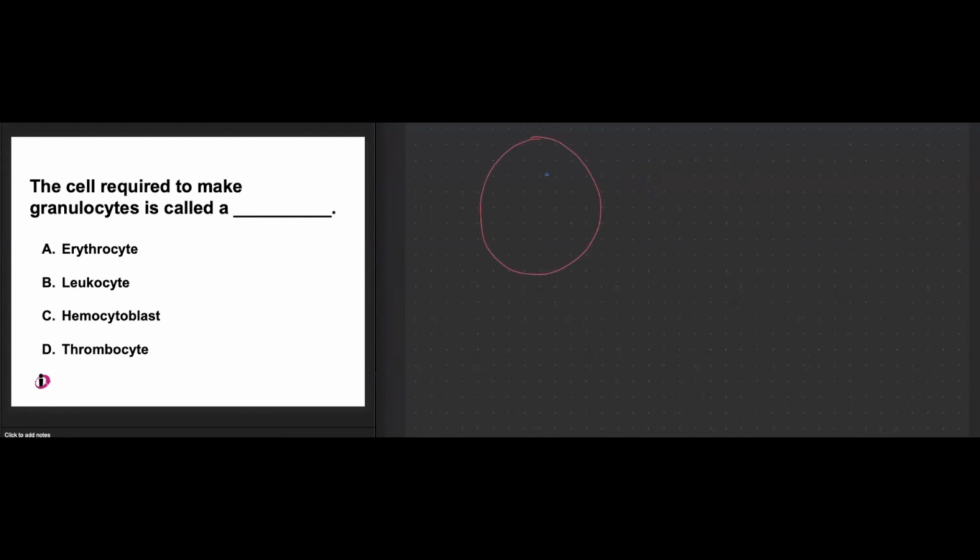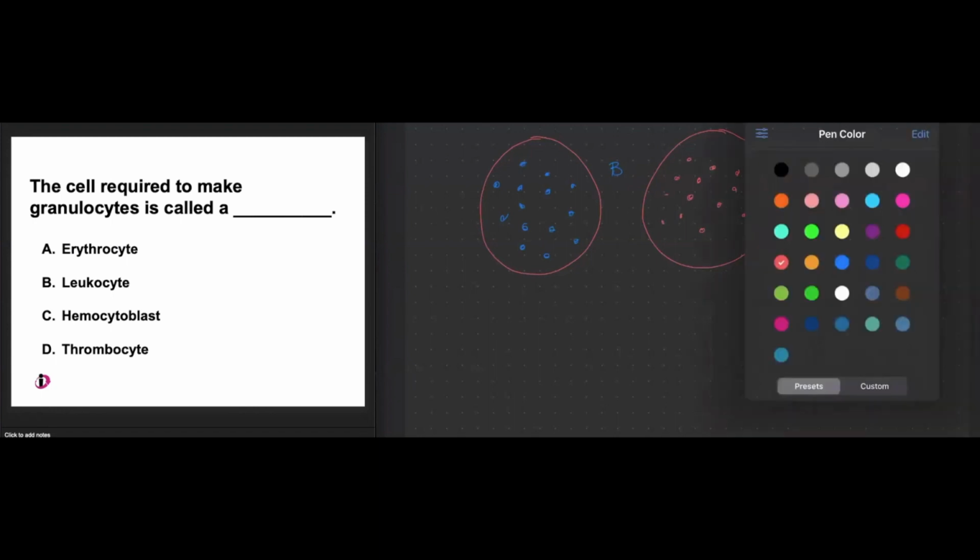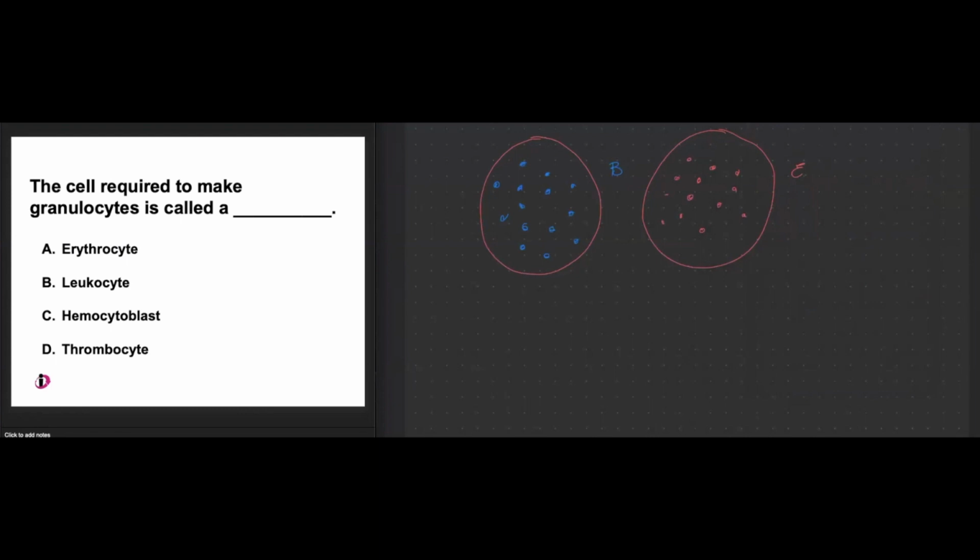Those are either basophilic granules, and we call those cells basophils, or cells that have acidophilic granules, and we call those cells eosinophils, or cells that have cytoplasmic granules, some basophilic and some acidophilic, and we call those neutrophils. Those are the three types that we've seen for the granulocytes.